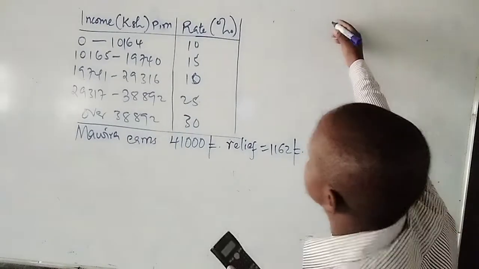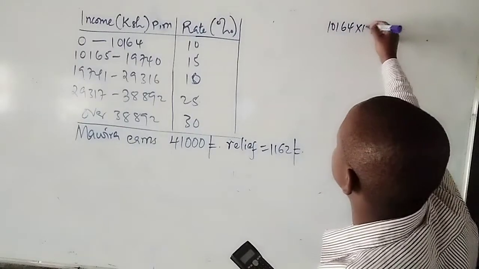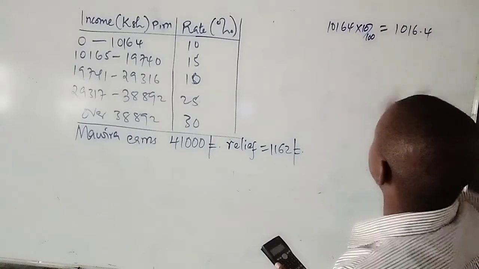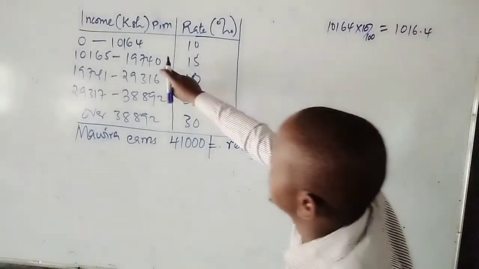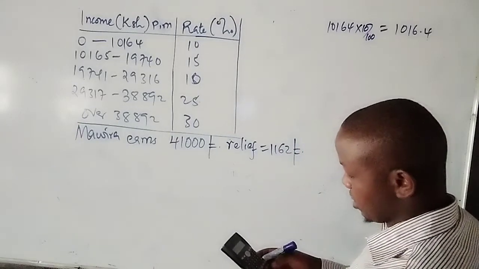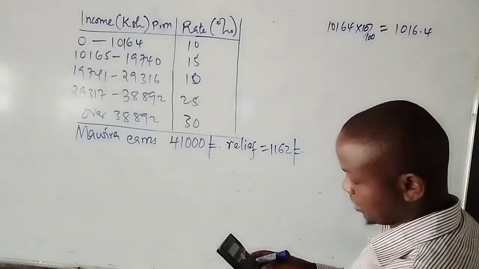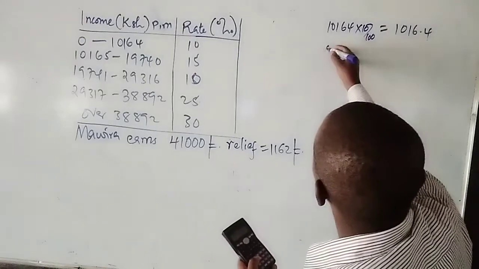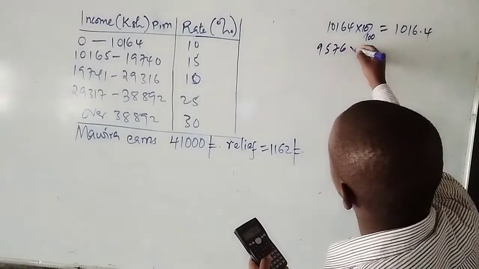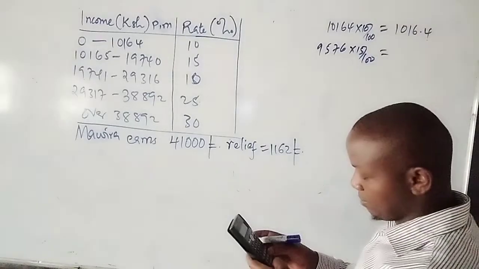In the first bracket we tax 10,164 at a rate of 10%, so this will be 1016.4. Then in the next, we subtract 10,164 from 19,740 and you get 9576, at a rate of 15%.